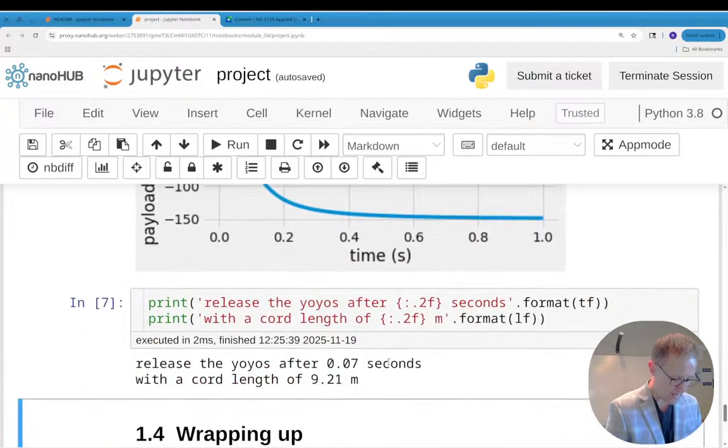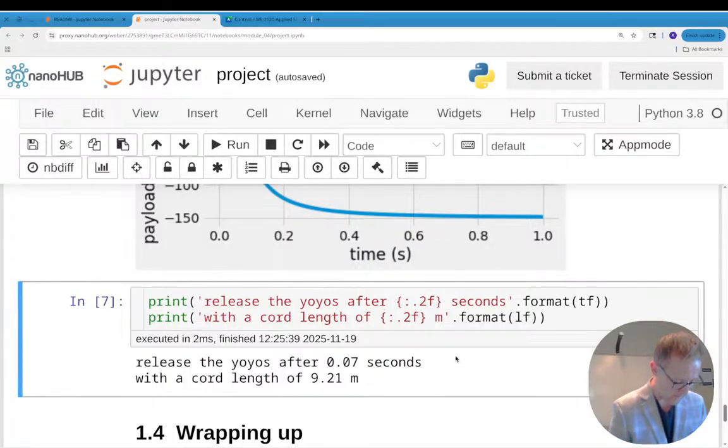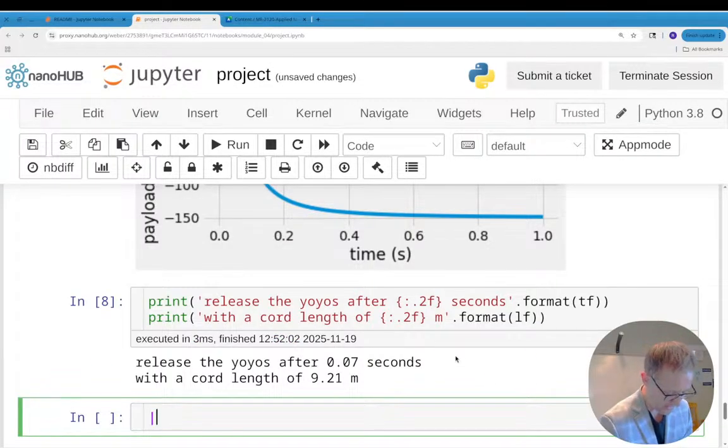Like if I'm trying to report, okay, fellow engineers, I'm designing this yo-yo de-spin, and I want to give a few examples of how much cord we need, how big this mass should be. One way to do that is to make a table of how much mass you had, what the cord length was, how much time it took.